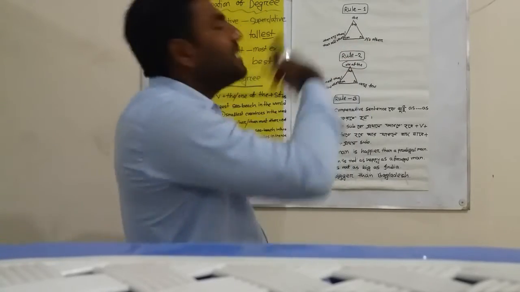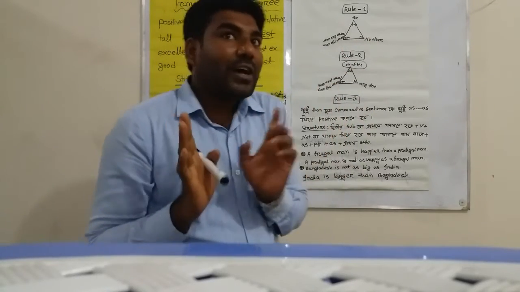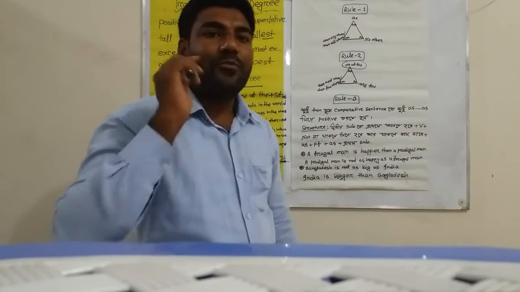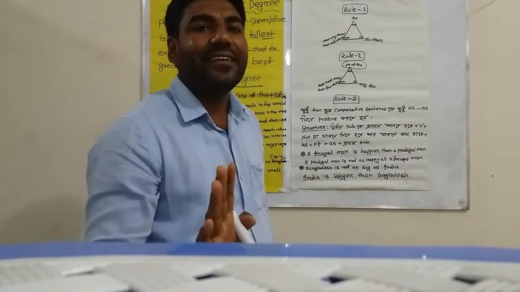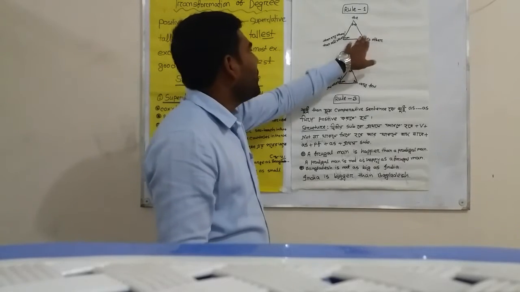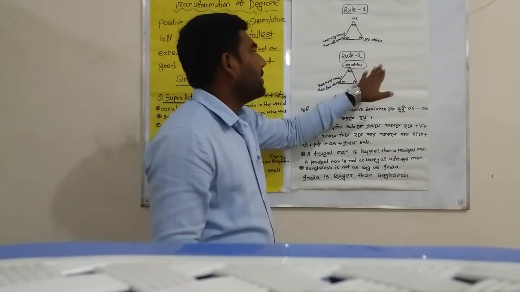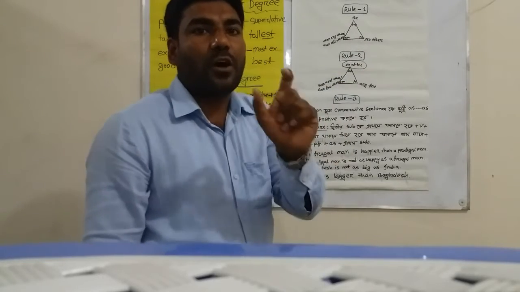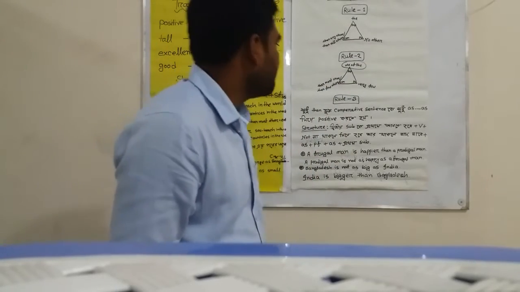That means there is a mix-up. If you carefully listen to my lecture or analyze, it will be very easy for you to understand our degree, that means transformation of degree. In the same way, there are 6 rules and there are 6 rules. That means there are 12 rules of transformation of degree.